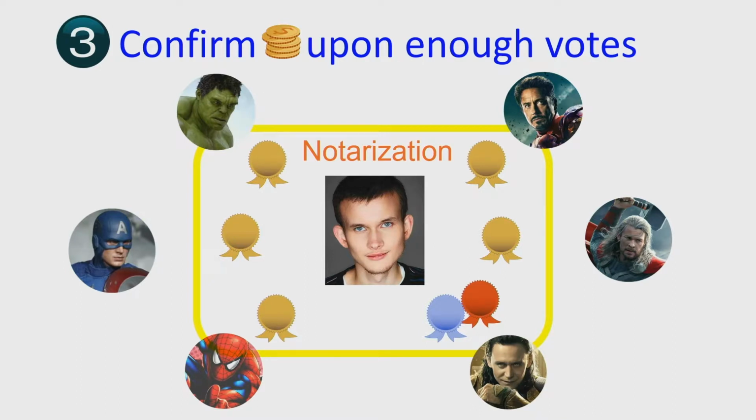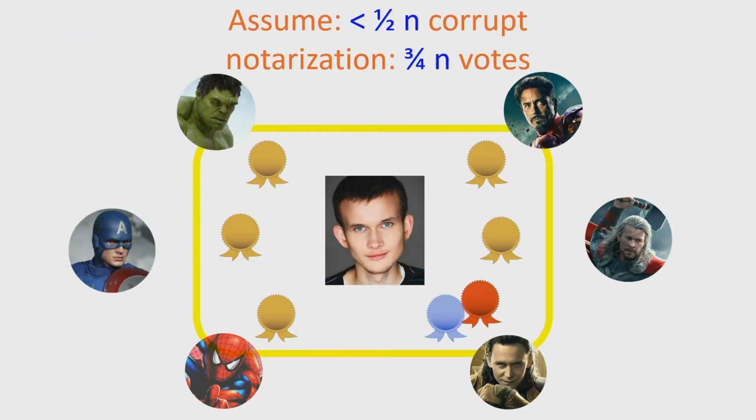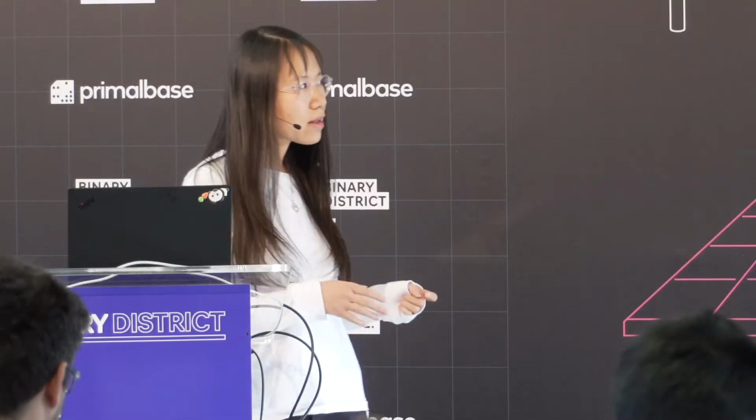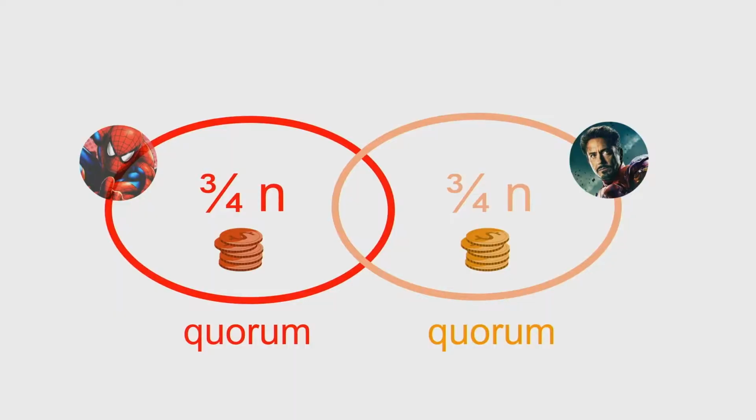So how many votes are enough to confirm a transaction? If we assume an honest majority in the whole committee, the notarization requires at least 3/4 of the votes. The analysis of consistency is just a very simple application of the pigeonhole principle. Imagine two nodes receive two notarizations for two transactions.